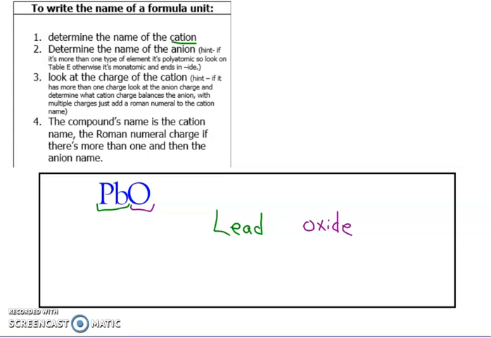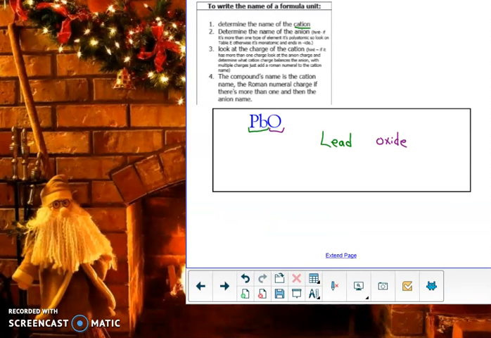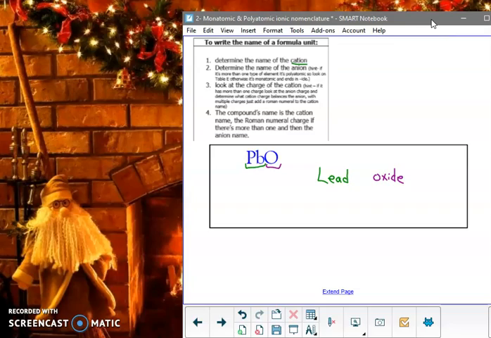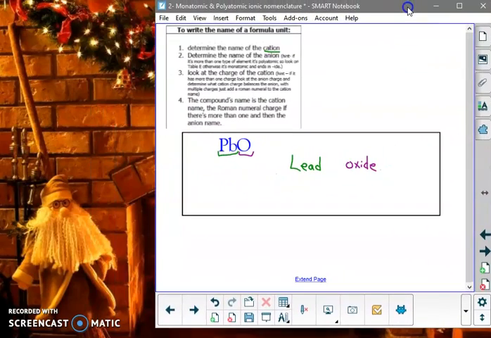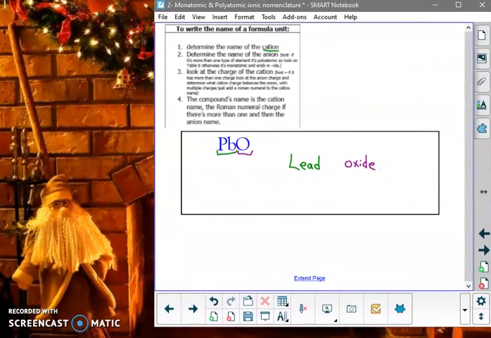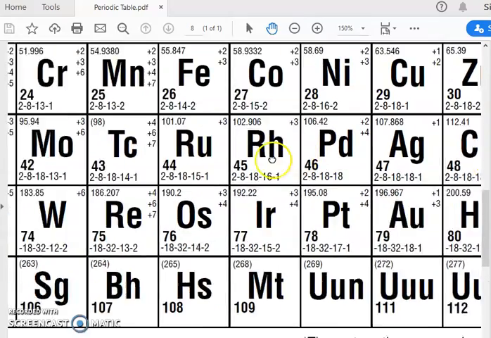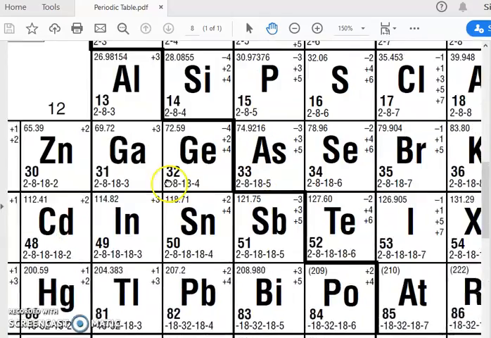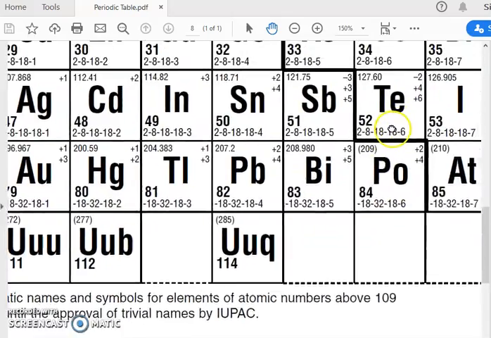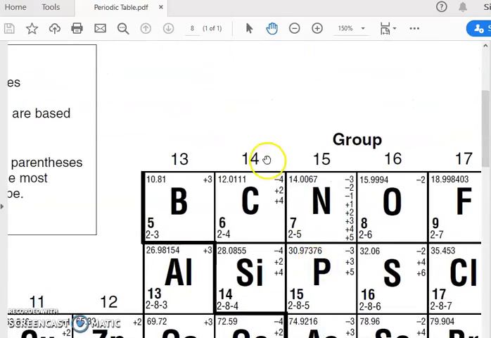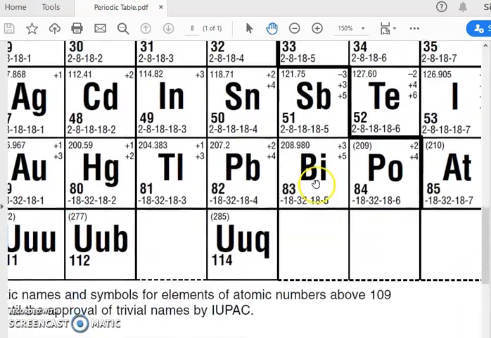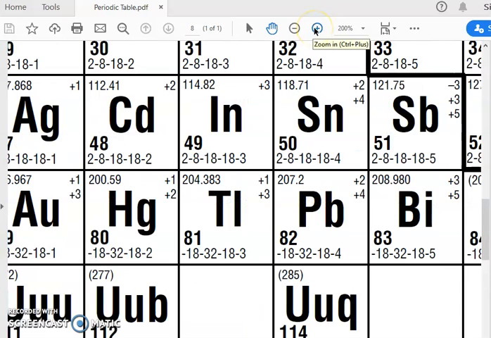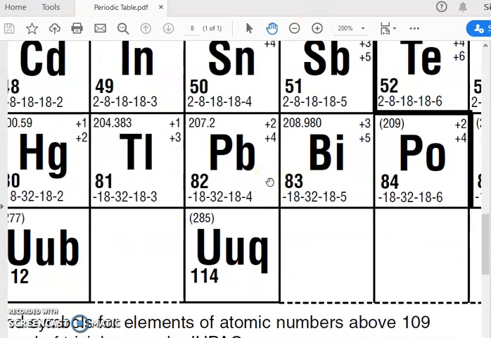So we're going to pull up our periodic table here. Let me pull up the periodic table, and now we need to find Pb. So Pb is over here in group 14, so we can go down to about 14. And lo and behold, lead has two oxidation numbers.